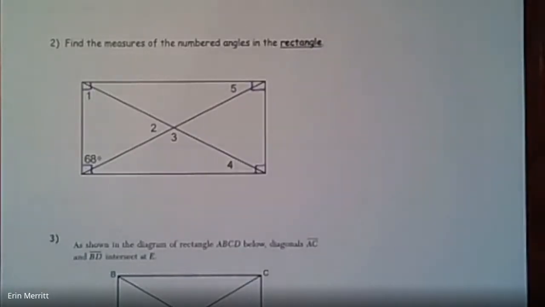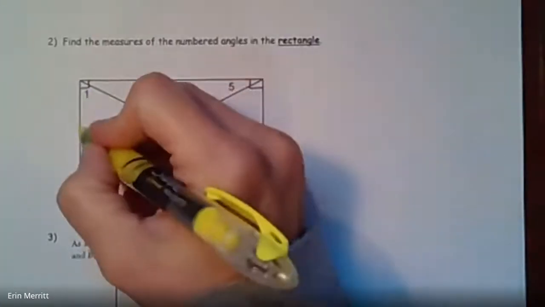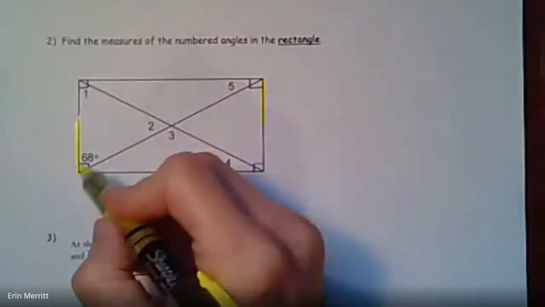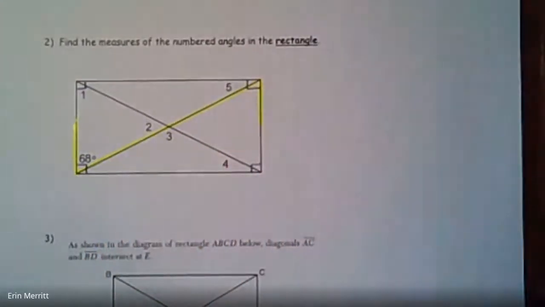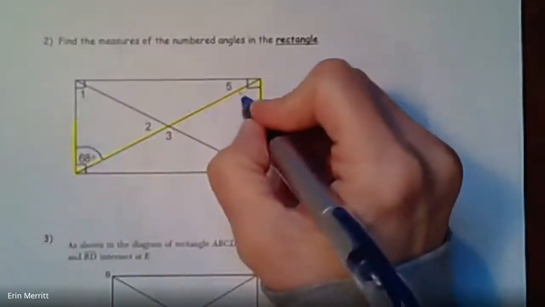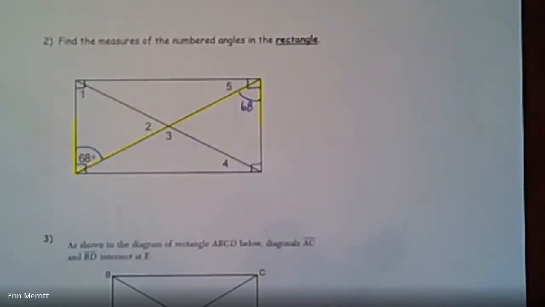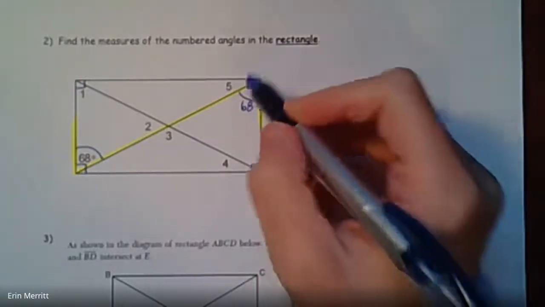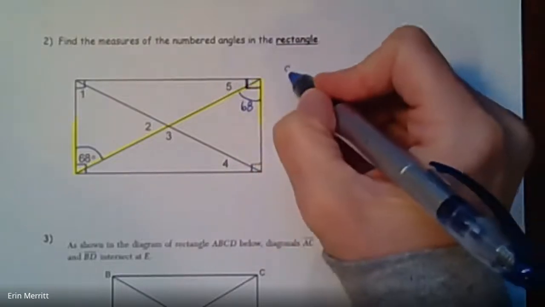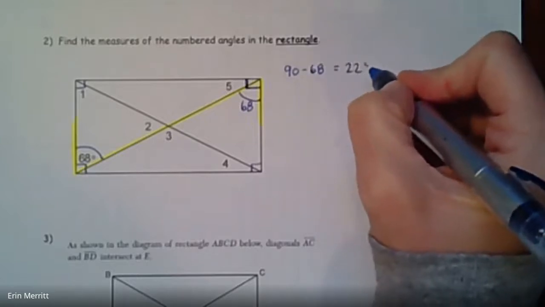So if we look at angle 68 in this corner here, if I use this line and this line being parallel and I connect with the diagonal so that I get that upside down N, 68 and its alternate interior right here also have to be equal. So that one's going to be 68. That helps because 5 is the other piece of that angle, and together they have to be 90. So if we do 90 minus 68, that's going to give us 22 degrees.